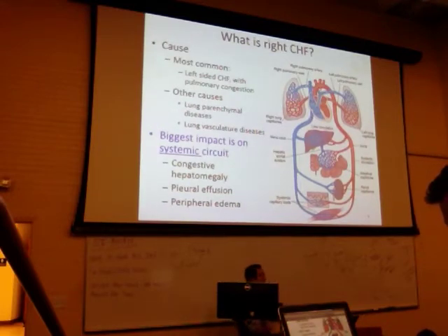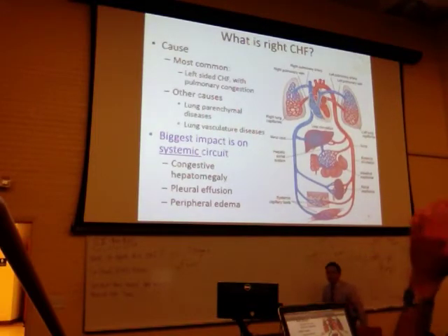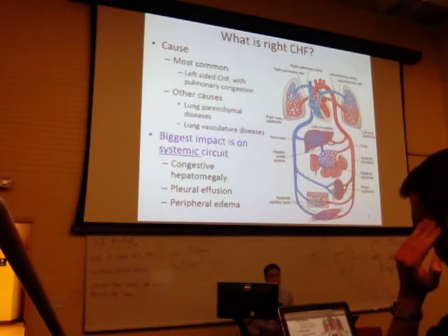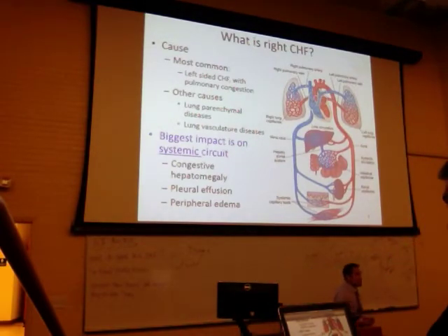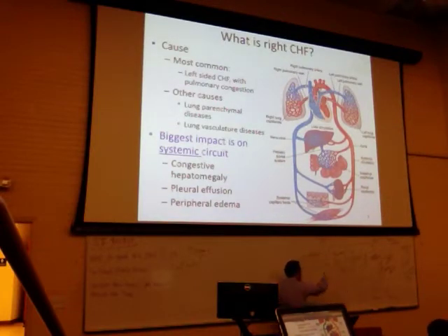But the impact is going to be on the system. The backup that comes to the vena cava on the venous circulation is our biggest issue. So you're going to see congestion in the liver, a lot of pleural effusions around the lungs, and a lot of peripheral edema, swelling of the feet and lower extremities, because the venous return isn't coming back from the inferior vena cava, and so you get a lot of distal blood pooling.